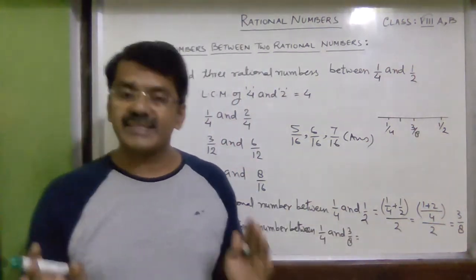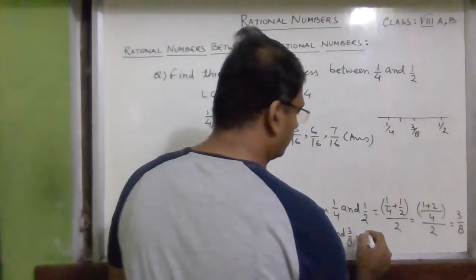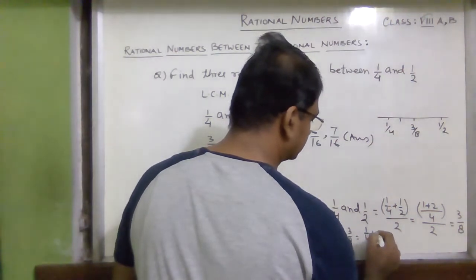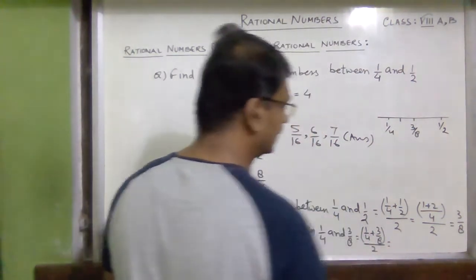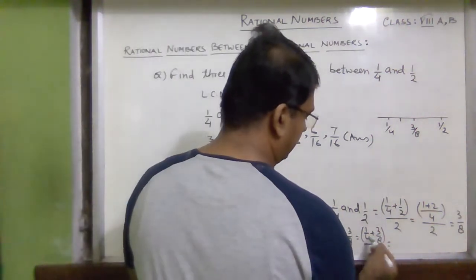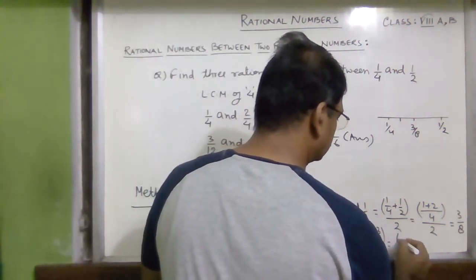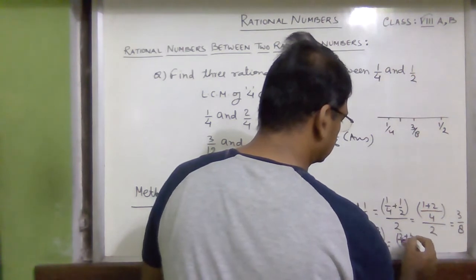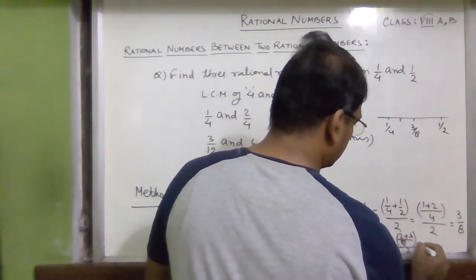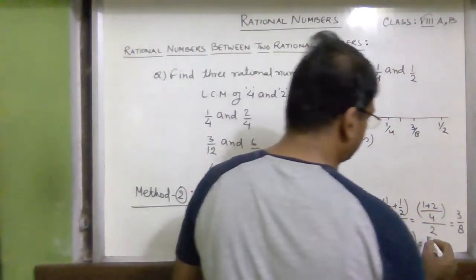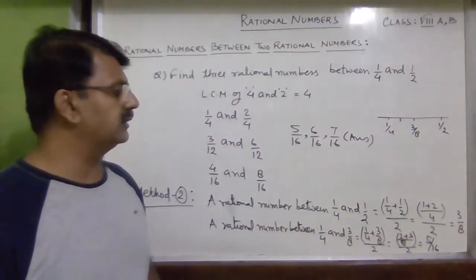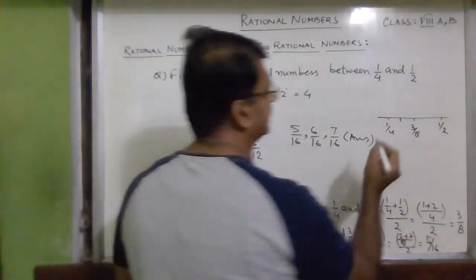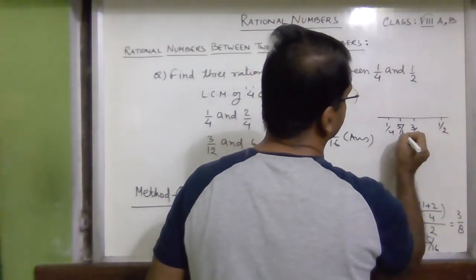Again, we'll apply the same method. 1 by 4 plus 3 by 8 divided by 2. That is, here you can take 8 LCM. So 5 by 8 upon 2, that is 5 by 16. So between 1 by 4 and 3 by 8, we have found 5 by 16.